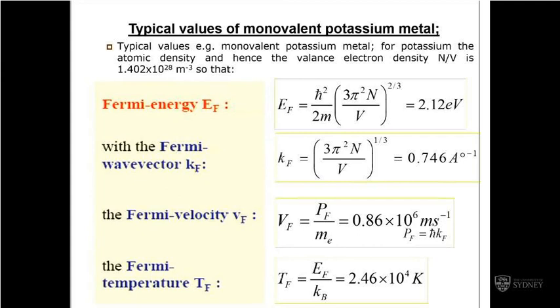The concentration, if you like, of the valence electrons is 1.4 times 10 to the 28 per meter cubed. Remember I said it was always in the ballpark of 10 to the 28. Potassium's only got one electron, so it's 1.4.